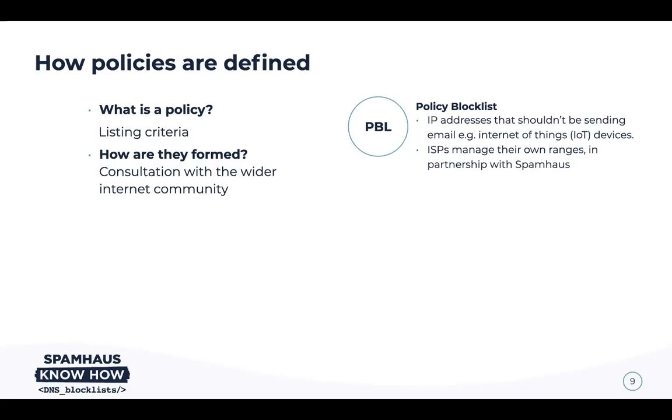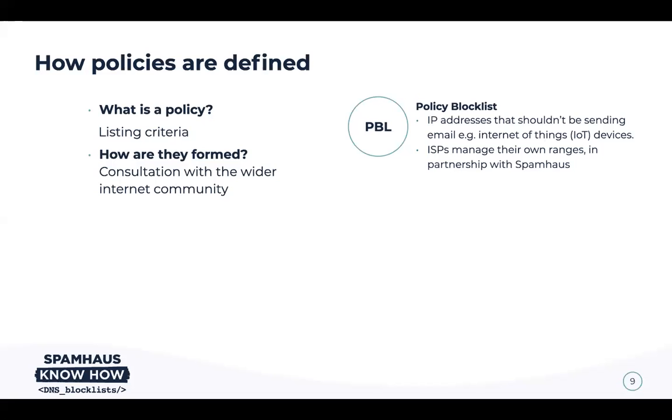They're able to publish their own policies for their network ranges and inform end users who might run into a PBL block what they expect them to do. And this is, I think, the best example we can give of how it's not just us sitting there and saying, okay, this is what we're going to publish.